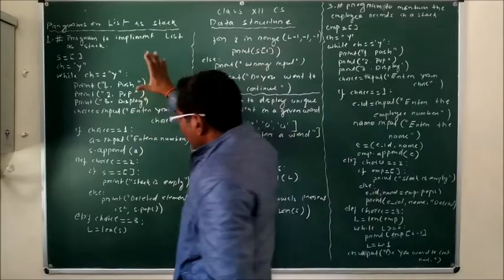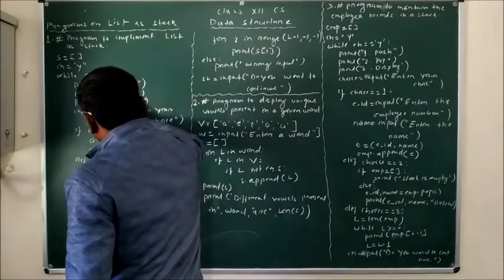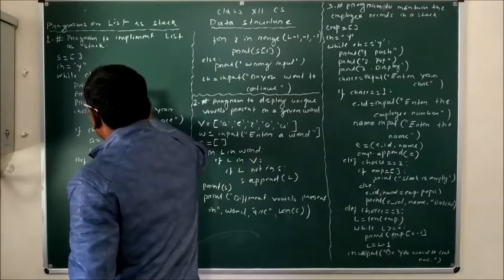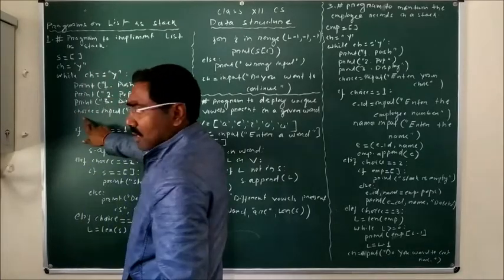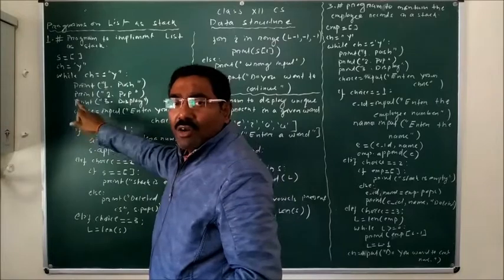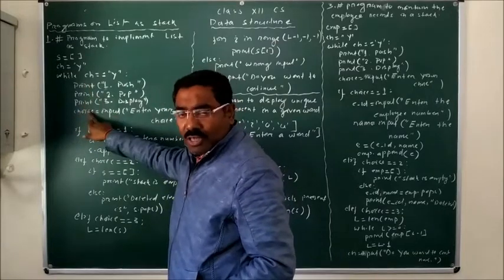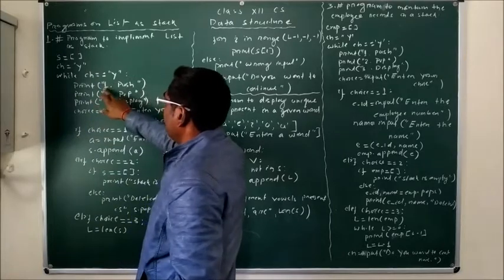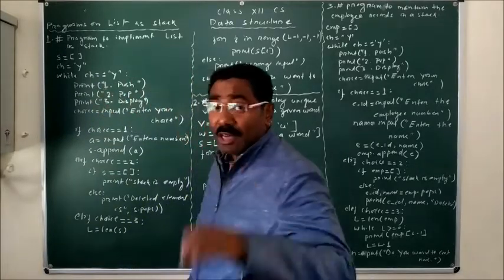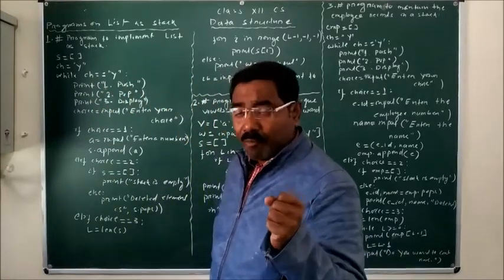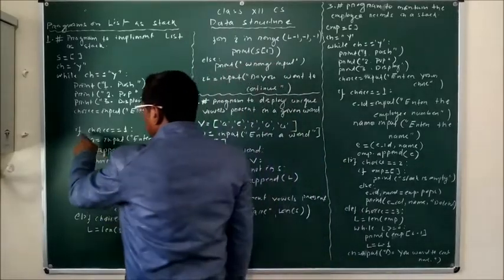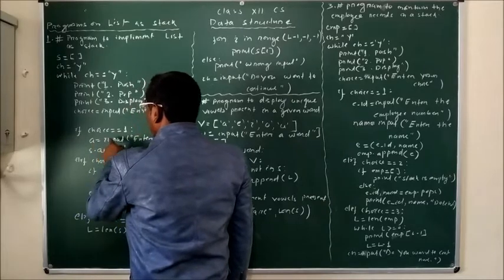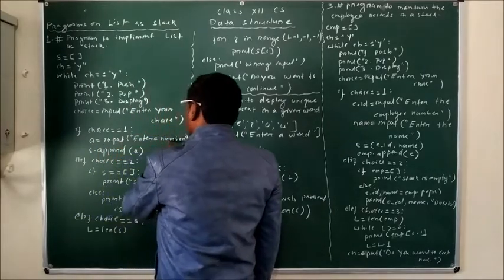After this statement is executed, you have to enter some value for choice. That may be either 1 or 2 or 3. Now suppose you have entered 1, then what happens? For 1 we have to execute the push operation. For that we have to use the append method. So if choice is equal to 1, a is equal to input, enter a number.